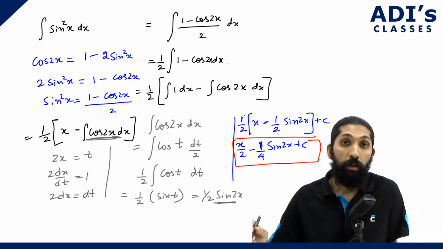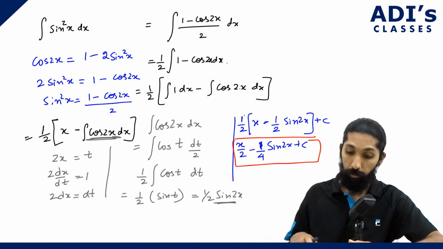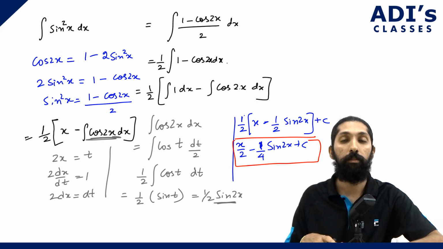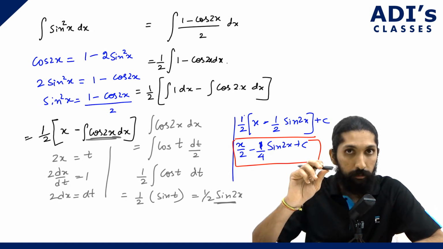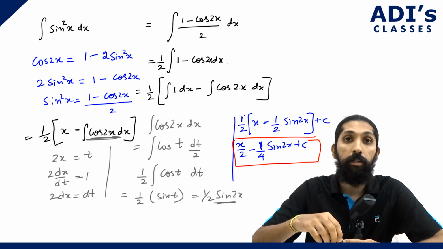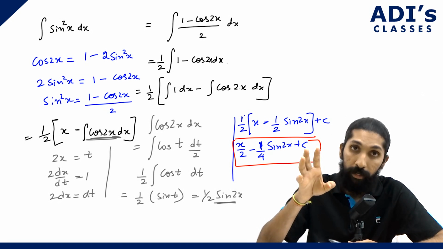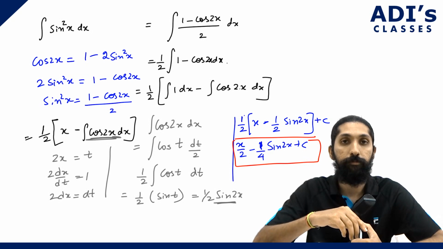Fair enough? Now this is how you do sine square x. Now don't you think if I give you find cos square x, you can use the same cos 2x itself, but the final answer will change. See, this is what we mean by using the trigonometric identities and substituting, finding the answer.